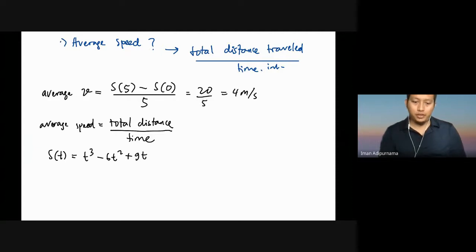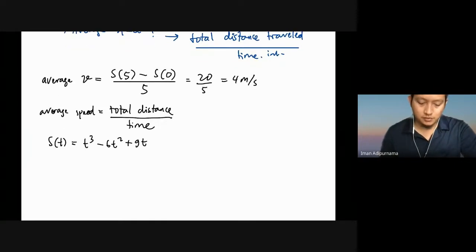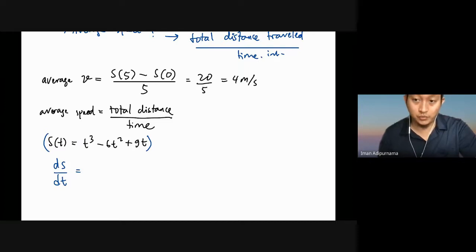If we differentiate this, we get the rate of change of s with respect to t, which is 3t squared minus 12t plus 9.